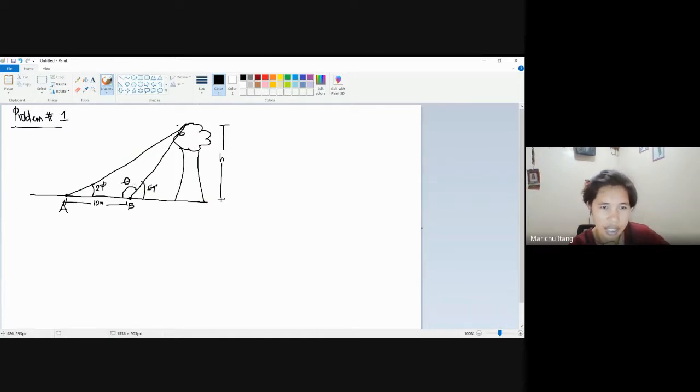Can we solve this angle theta? Yes, ma'am. So what is this angle theta? Let's solve theta first. Theta is just the difference between, what is this? This is equivalent to 100.